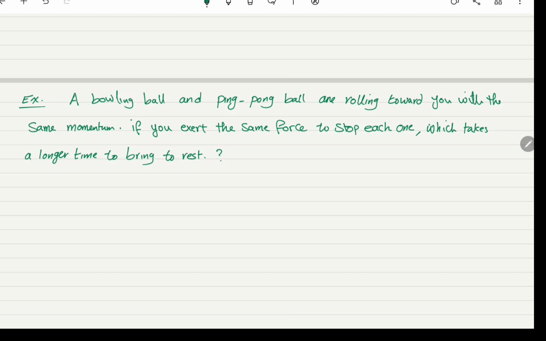Since both balls have the same momentum and you exert the same force, F average equals delta P over delta T. So delta P equals F average delta T. Same momentum and same force means both will take the same amount of time to stop.